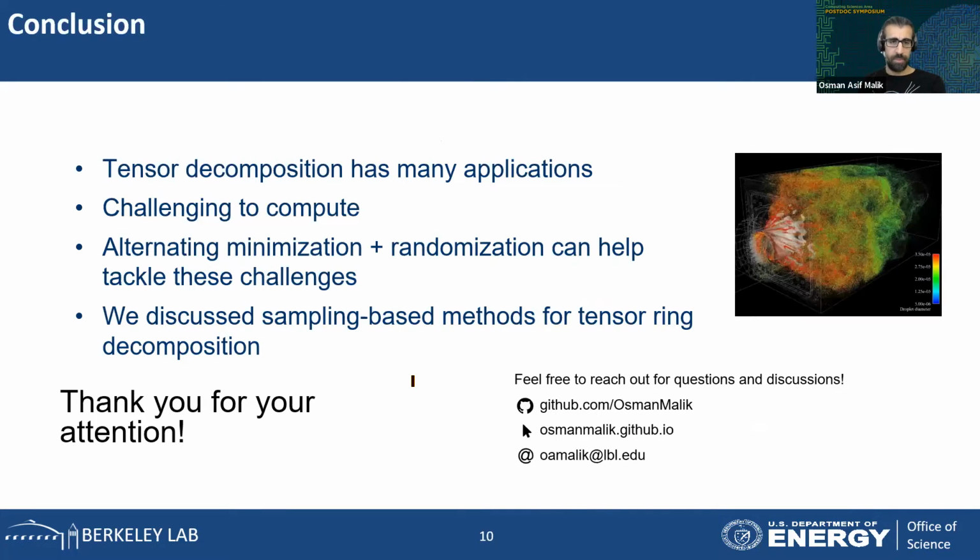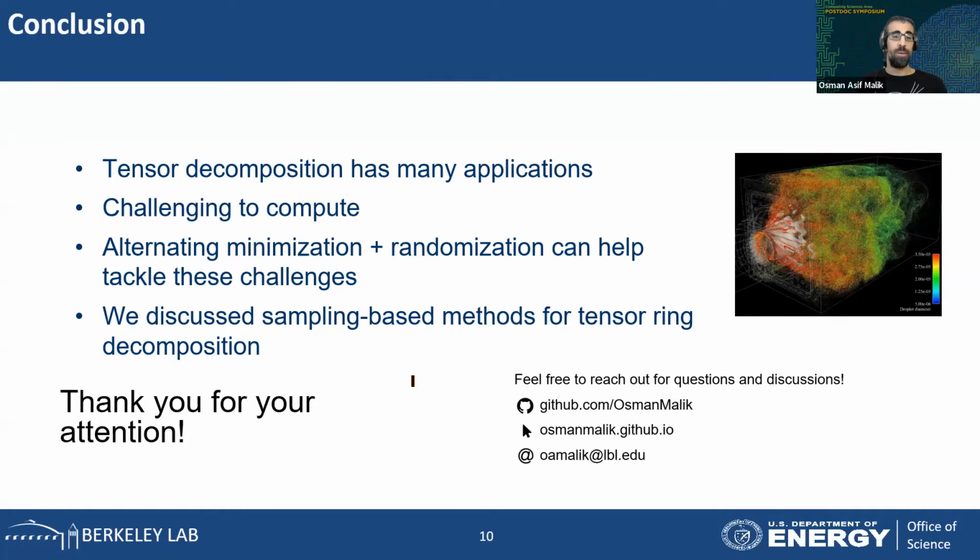So to wrap up, there's many interesting tensor decompositions, and they have lots of applications in different areas of science. So they're very useful, but they are challenging to compute. In particular, we had these 2 challenges of challenging optimization problems and the curse of dimensionality.